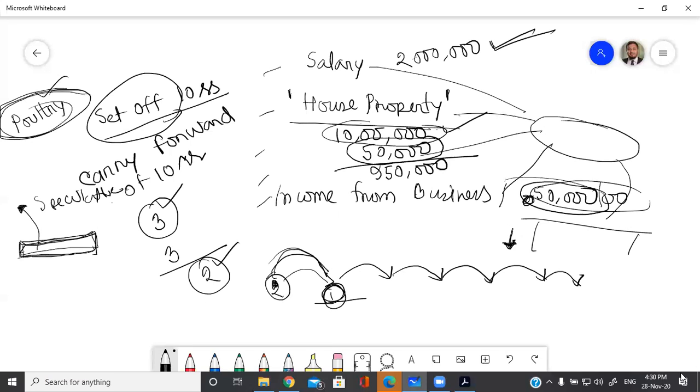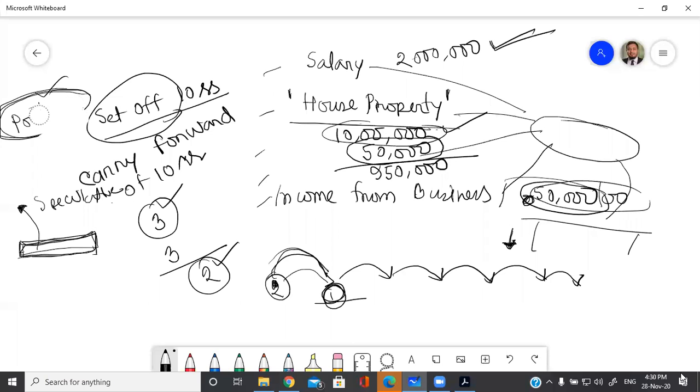You can set off this loss only against the positive income of another speculative business. So there is a list of rules and procedures on how to make set off and how to make carry forward of loss.